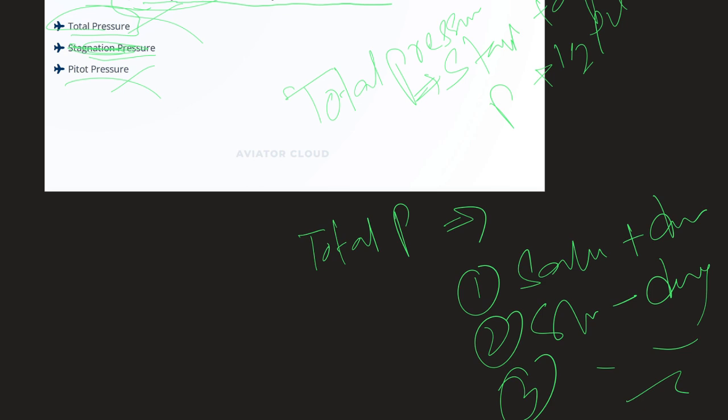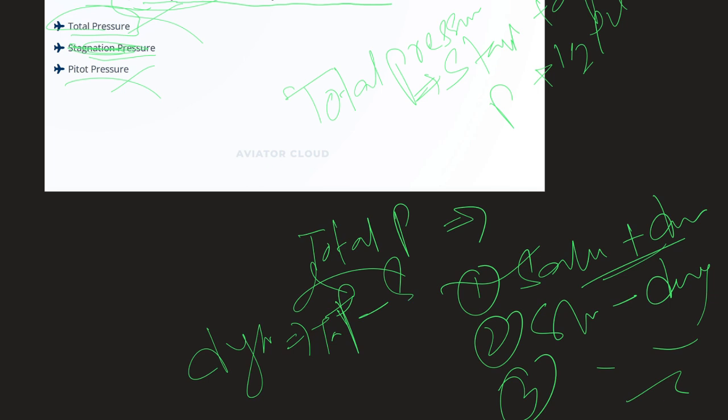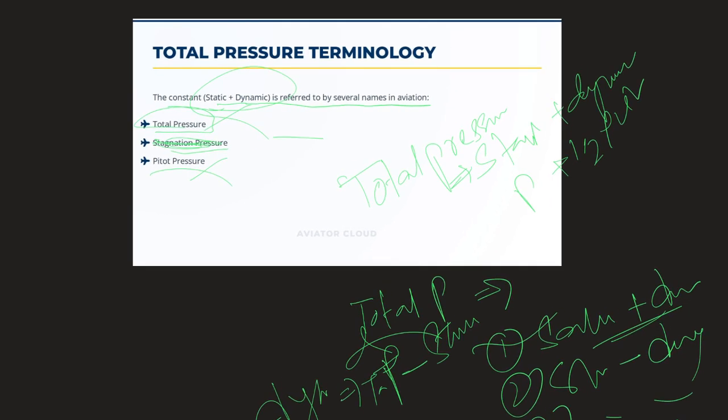So you know static plus dynamic. Even they can reverse the question: dynamic pressure is equal to total P minus static. This kind of questions also come. If you go to the question bank, I will provide you the question bank, you will find this kind of questions. Okay?